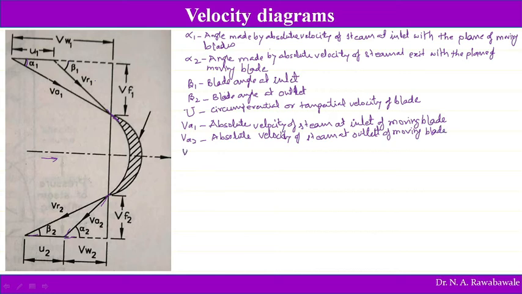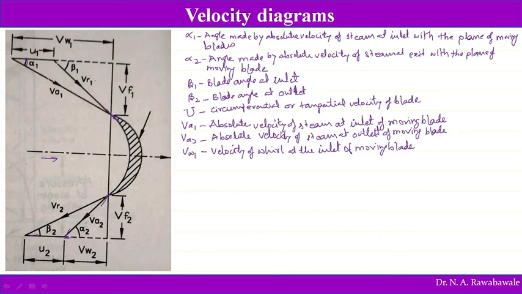Then VW1, velocity of whirl at the inlet of the moving blade, that is the tangential component of the absolute velocity VA1.